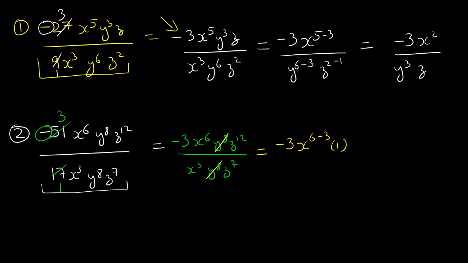We don't have to write it, but for the sake of it, this step I will write it. And the next one we have z, that is also bigger in the numerator, so we write z 12 minus 7 and nothing in the denominator, everything has gone up. Now we write negative 3 x cube z to the power of 5, and that is our final answer.